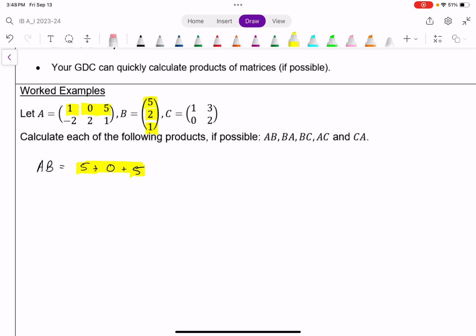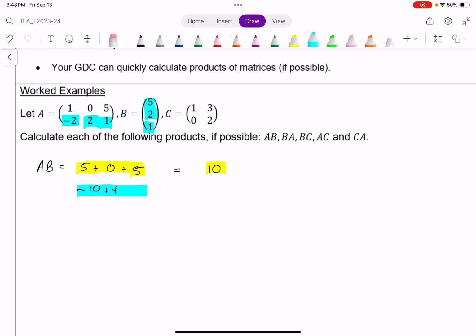All right, and so that's it. Those aren't 3 elements. That's a sum, 5 plus 0 plus 5, which is 10. And so the first element in my answer is a 10. And I'm halfway done here because all I want to do now is the same idea down here. Negative 2 times 5, which is negative 10. 2 times 2, which is positive 4.